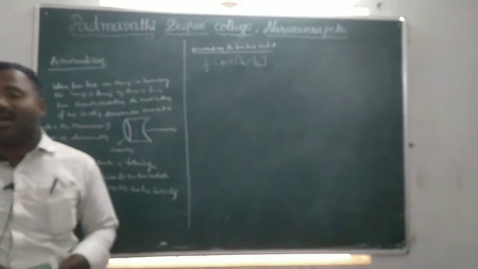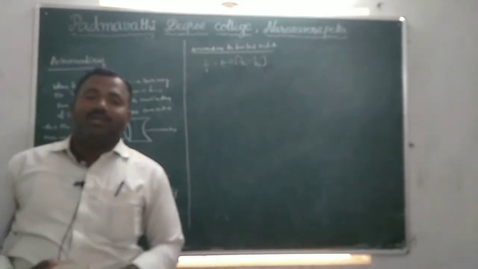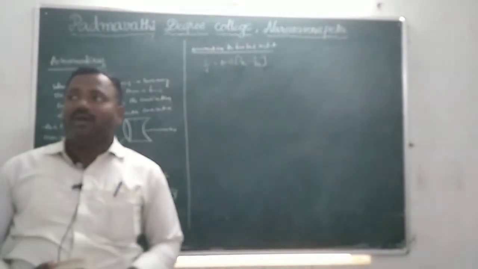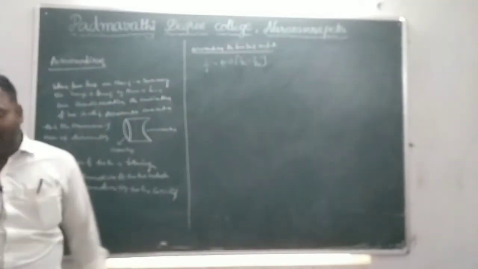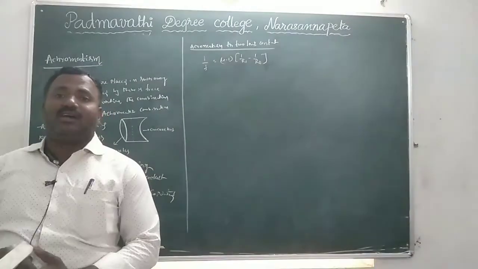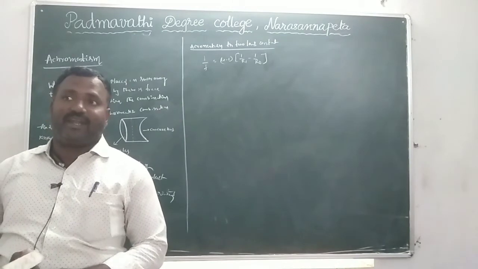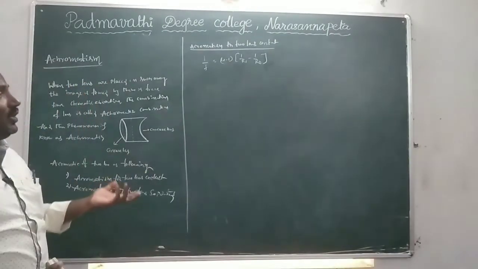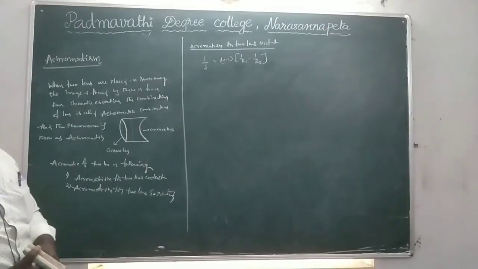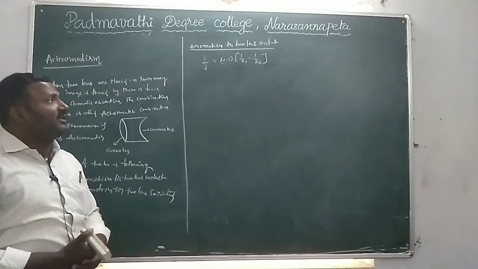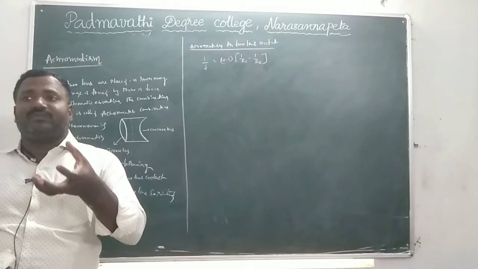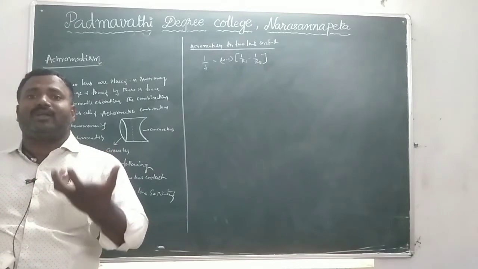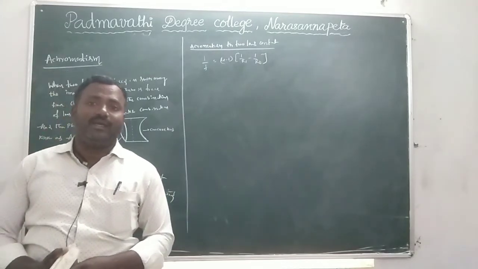The focal length of the achromatic doublet is independent of the refractive index. In this way we calculate achromatism for two lenses in contact.